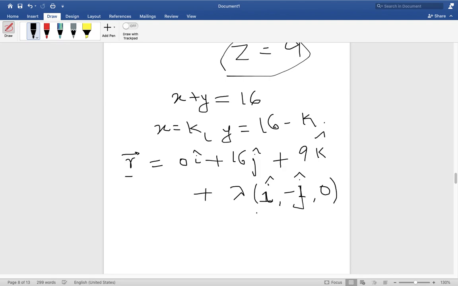So the first line is parallel to this vector, which is i minus j.